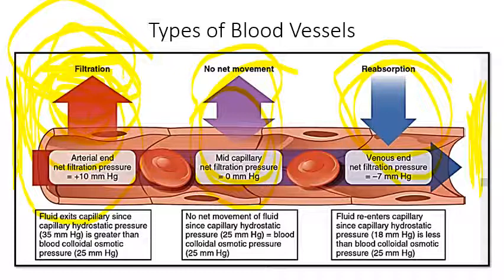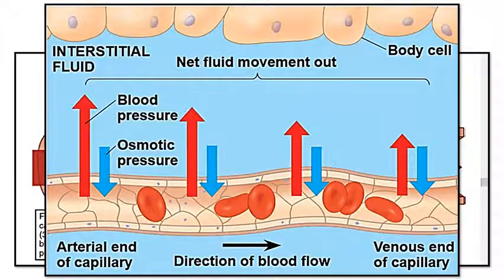The oncotic pressure to pull fluid back into the blood is now greater than the hydrostatic pressure to push it out. And so ideally there would be no net gain or loss of liquid in the capillary blood. In fact, that's an ideal situation. It doesn't really happen that way. What happens is a little bit more fluid always leaks out than you get back, and so we need a backup system to drain away that excess fluid, and the lymphatic system supplies that backup system.